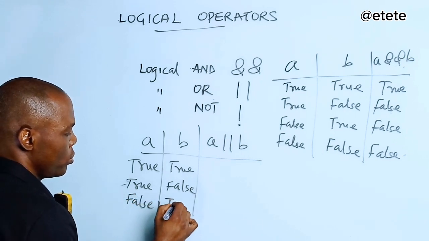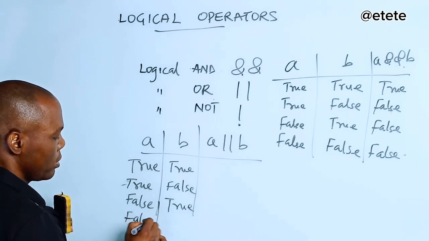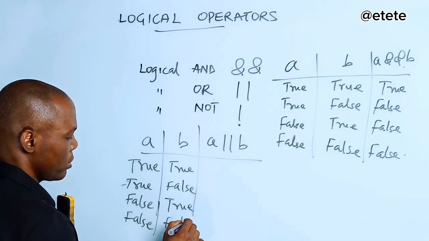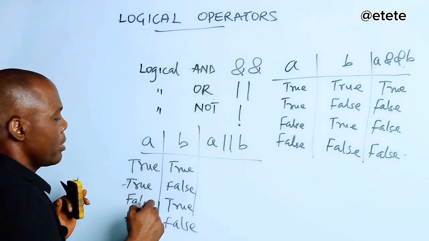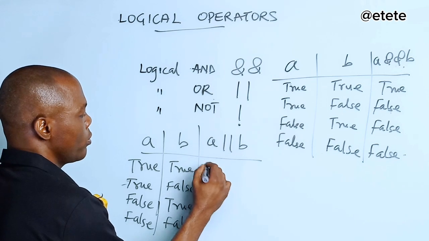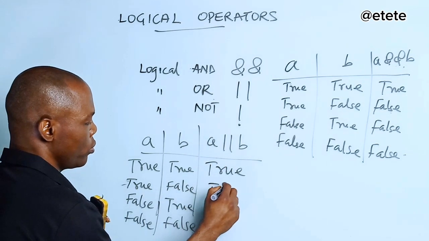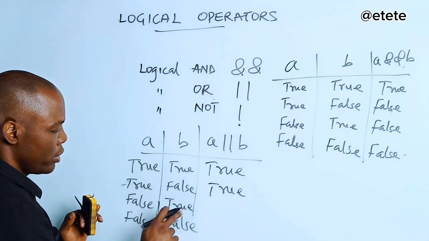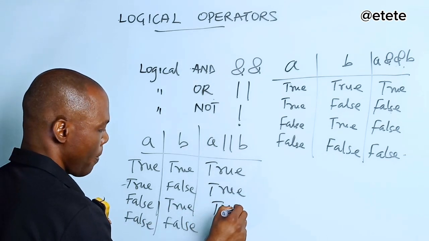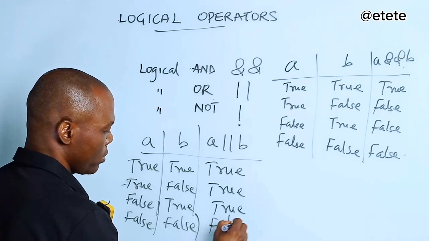If this is true and this is true, this one will be true. If this is true and this is false, this will be true. If this is false and this is true, this will be true. If this is false and this is false, then this will be false.